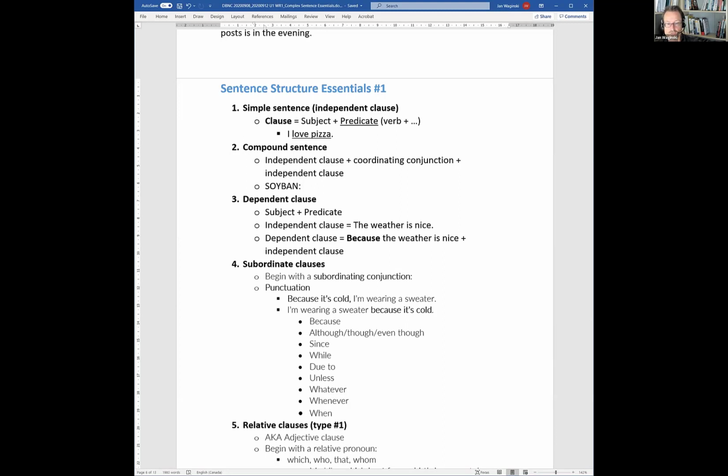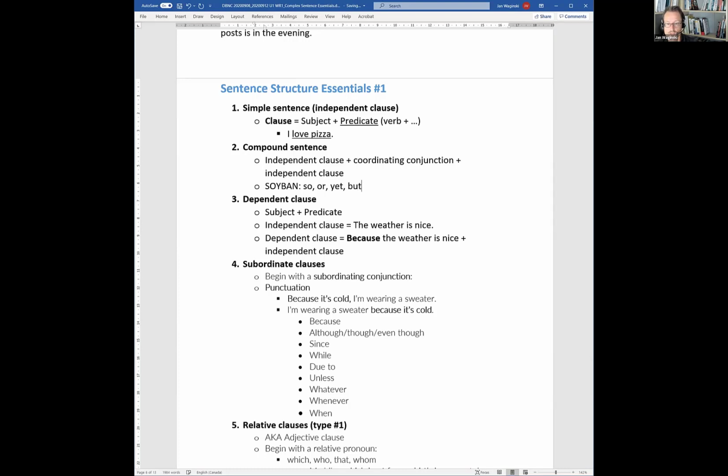The first one is so. What are the other ones? What does O stand for? Or. Y stands for yet.